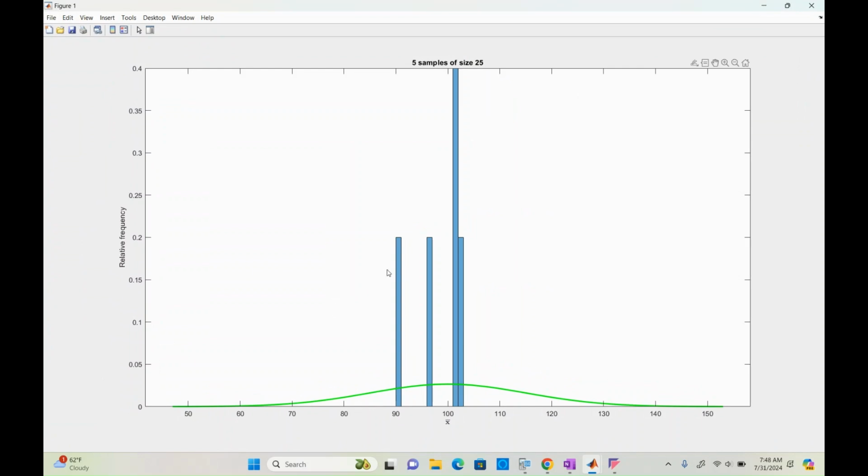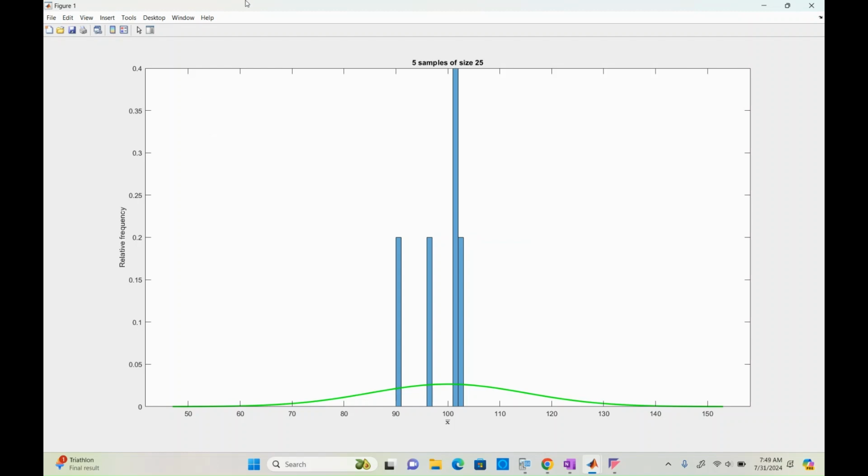You can see we ended up with one sample that had a mean IQ somewhere between 90 and 91, another between 96 and 97, then 2 students reported back mean IQs between 101 and 102, and one more reported a sample mean between 102 and 103.